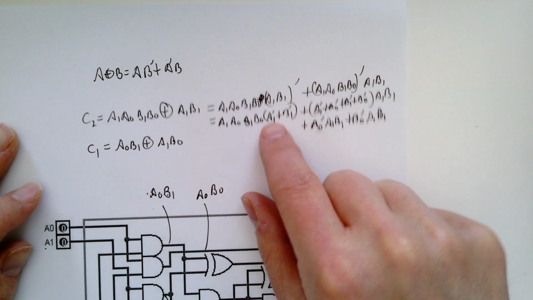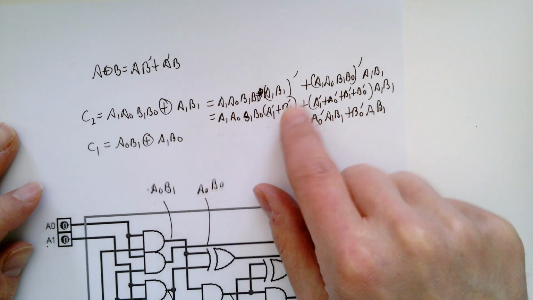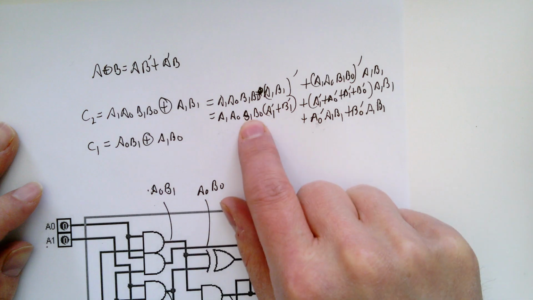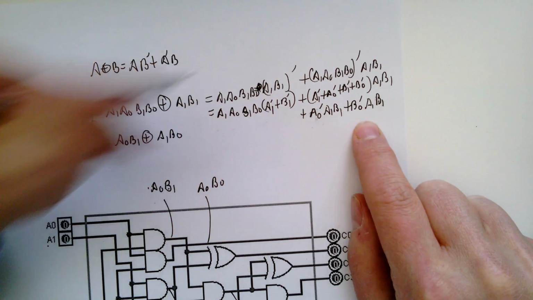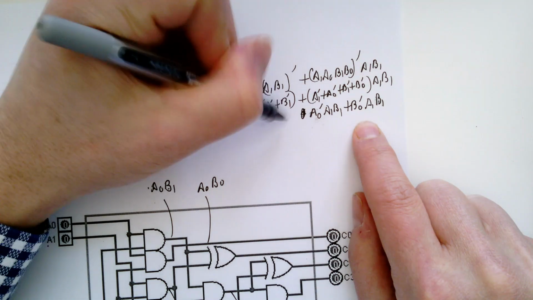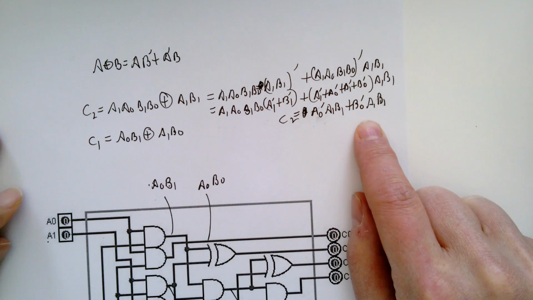Similarly, A1 prime times this is going to be 0. And B1 prime times this is going to be 0. So that's what you get for C2, simplified. Cool, right?